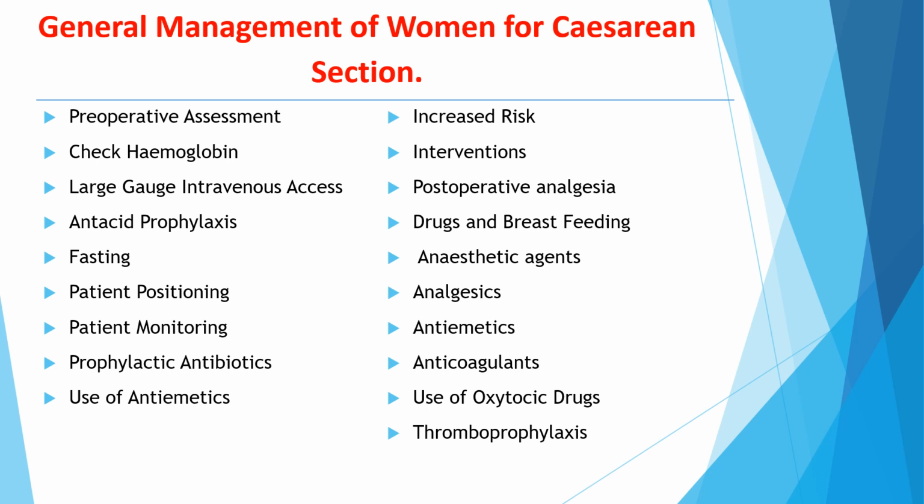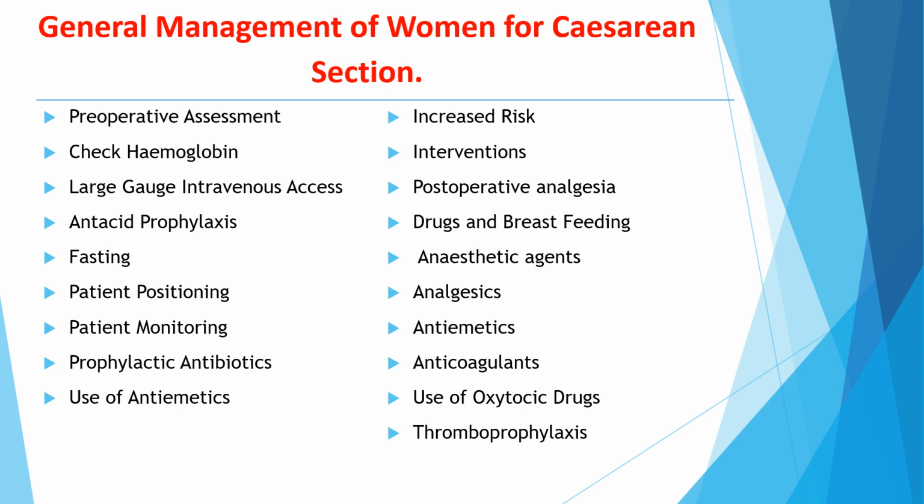We do a pre-operative assessment, which is really important. We check the hemoglobin. These are globally followed procedures for assessing the woman before cesarean section. Large-gauge intravenous access is one of the important requirements. Antacid prophylaxis, so the patient must be fasting. Patient positioning, the correct position for the patient, and proper monitoring of the patient.